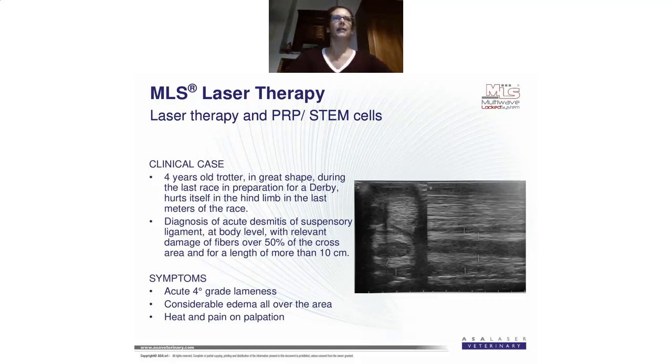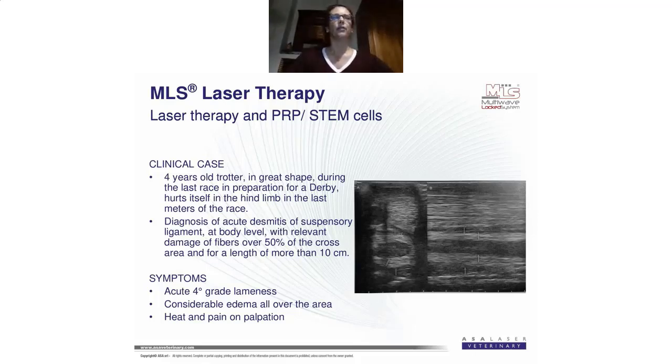Another case, it was a very big lesion inside the body of the suspensory ligament, acute grade 4 lameness, a lot of edema and pain in all the area. In this case, we used PRP, and it was possible also to use stem cells, which is my protocol in these cases.